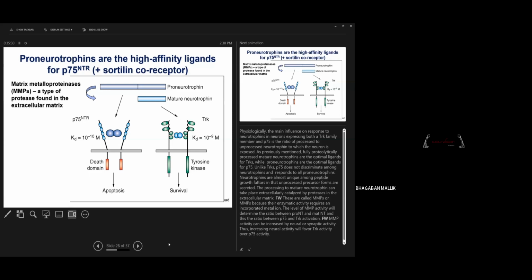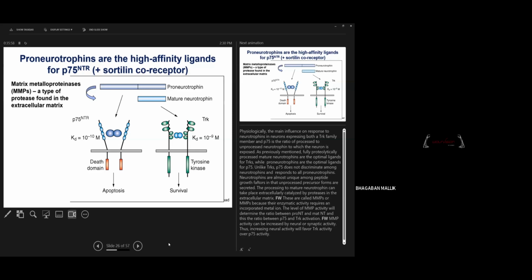You have cleavage, and after processing you generate the mature neurotrophins. The mature neurotrophins bind to TRKA, TRKB or TRKC. The pro-neurotrophins bind to this P75NTR. Okay, so the mature neurotrophin doesn't bind here. The pro-neurotrophins bind here. After binding of these pro-neurotrophins, it has a death domain which can induce apoptosis.